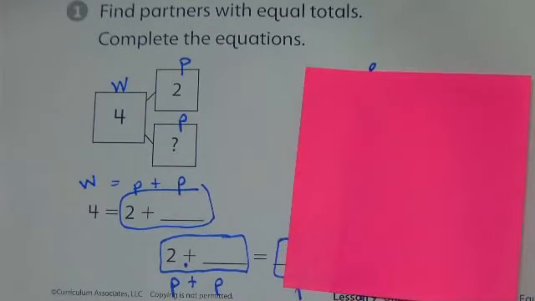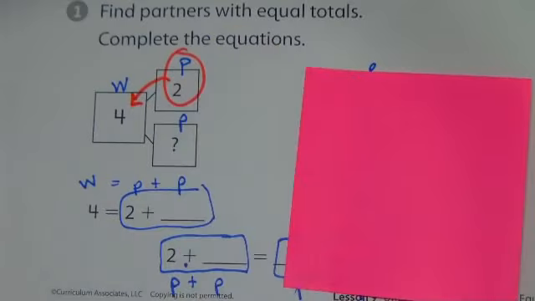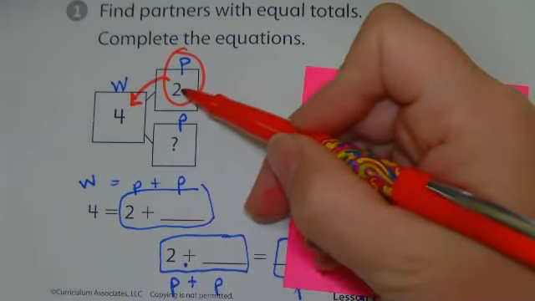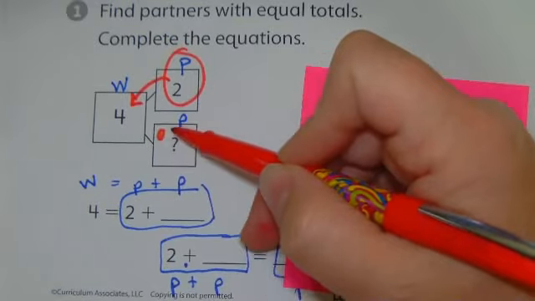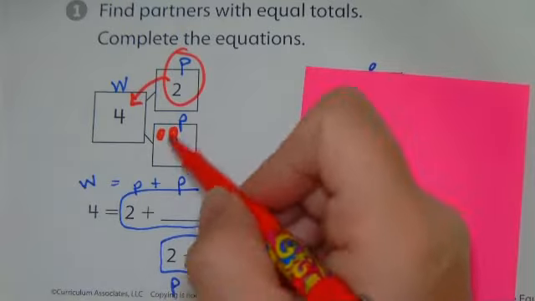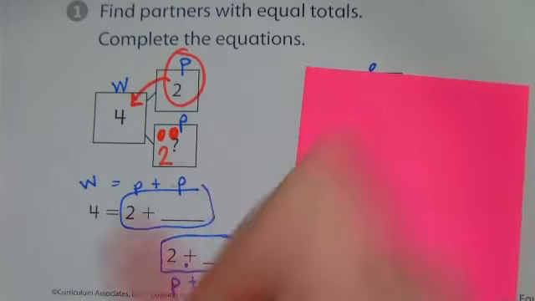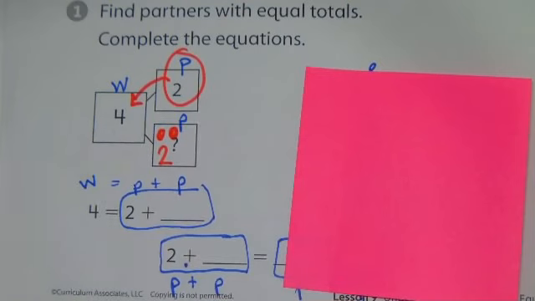So if I have 4 as a whole, I know I can count on from the part I know up to the whole, right? So here's 2, count up to 4. 2, 3, 4. So how many dots are there? Right, 2. Ooh, it's an addition double. 2 plus 2 equals 4.